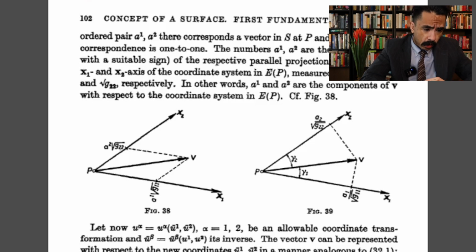See figure 38 below. Let now u alpha, which is equal to the function u alpha of u bar 1, u bar 2, where alpha can be 1 or 2, be an allowable coordinate transformation, and let u bar beta, which is equal to the function u bar beta of u1 and u2, be its inverse.